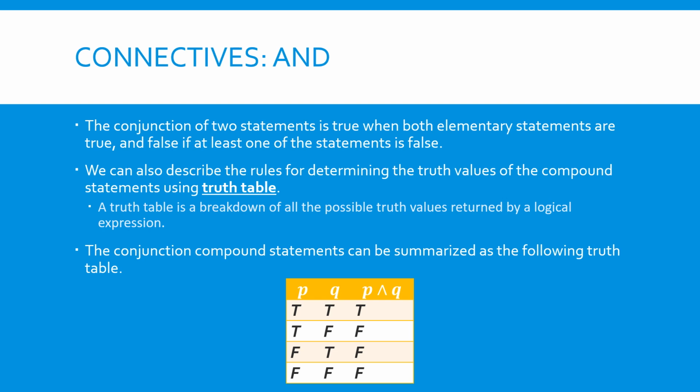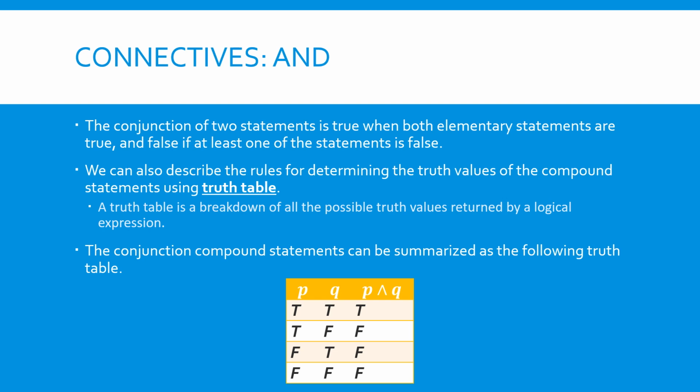The truth value determination rule can also be summarized into a truth table, which is a breakdown of all possible truth values returned by a logical expression. You can see that the logical expression here is P and Q, and that we have considered all combinations of the truth values for P and Q to enumerate all possible outcomes.